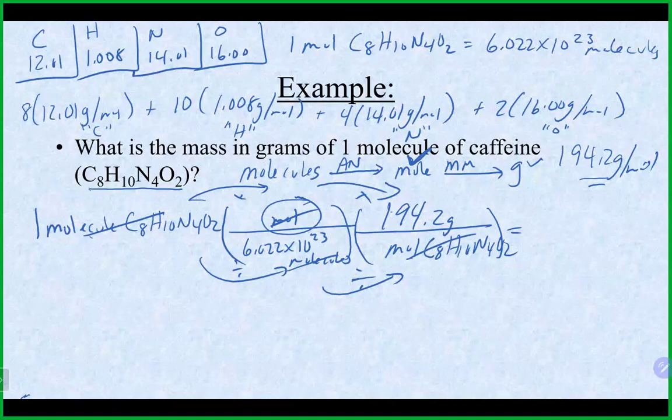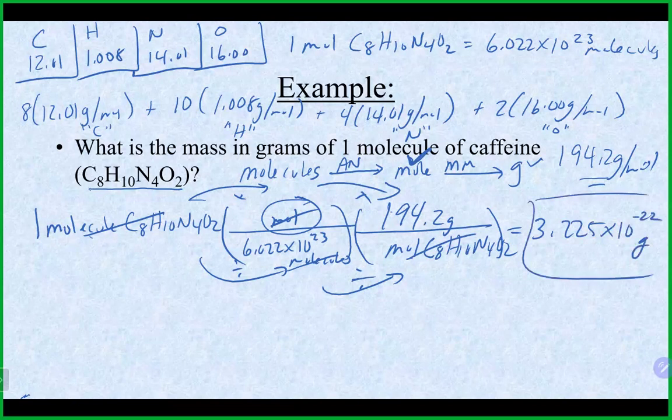And that'll get us 3.225 times 10 to the minus 22 grams of our caffeine. Questions on that bit? Questions on grams to moles, moles to grams, which again use a lot of Avogadro's number.